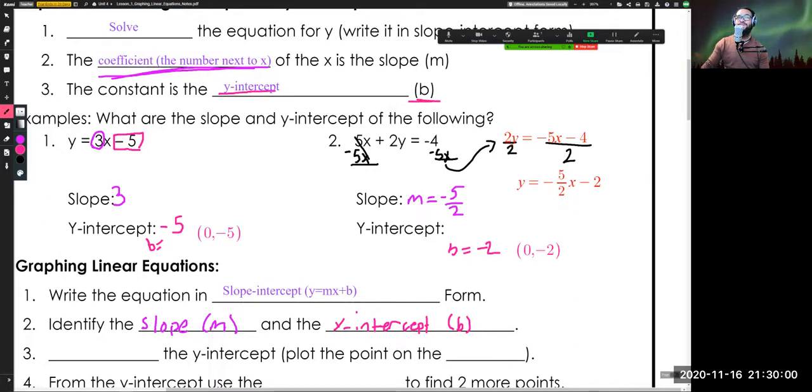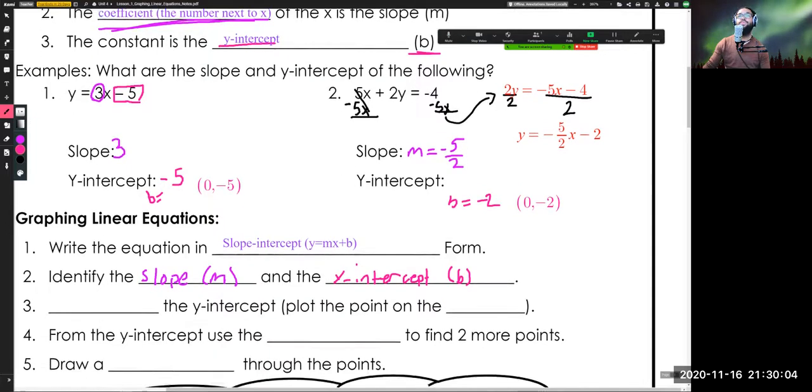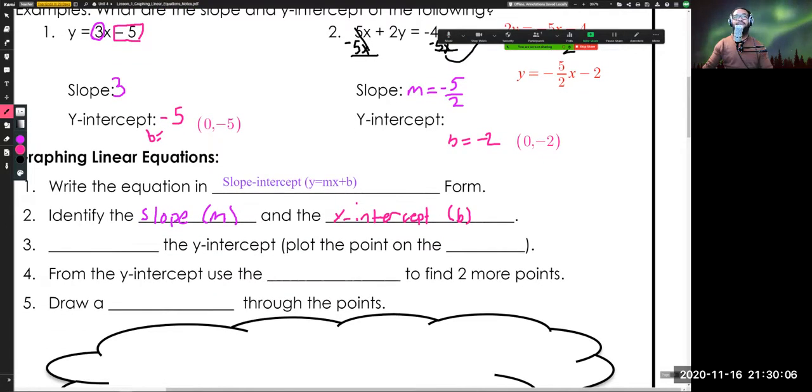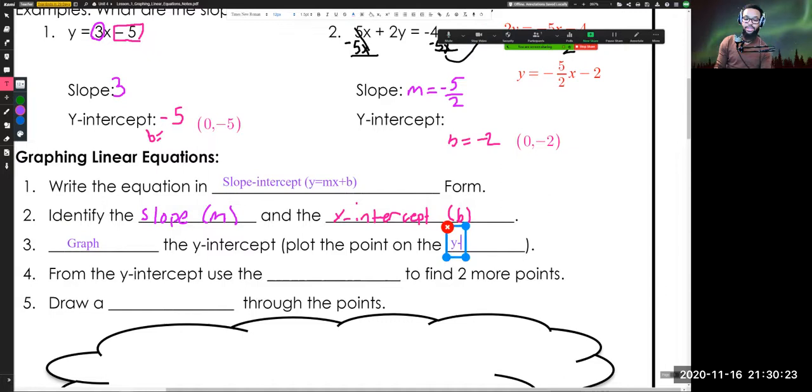So our first step is to write the equation in slope-intercept form. Second step is to identify the slope and the y-intercept. Our third step is to graph the y-intercept, so we plot our point on the y-axis, since that's our y-intercept.